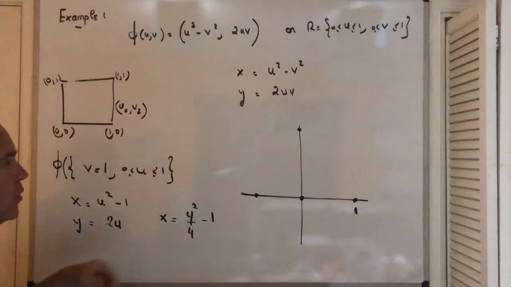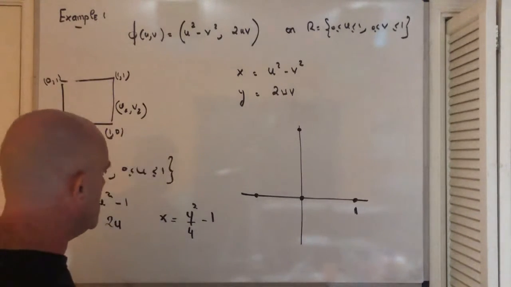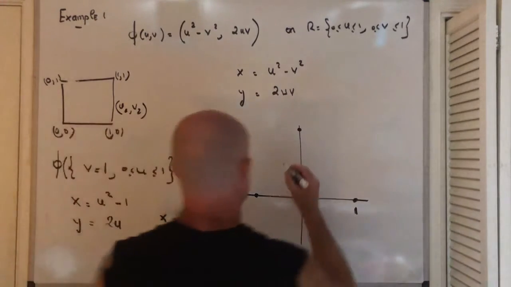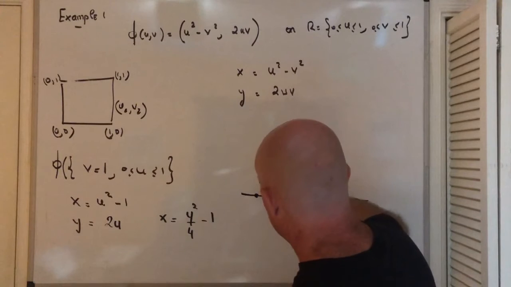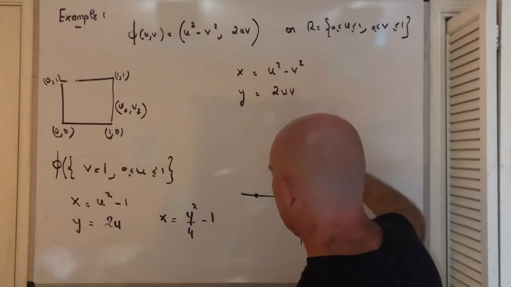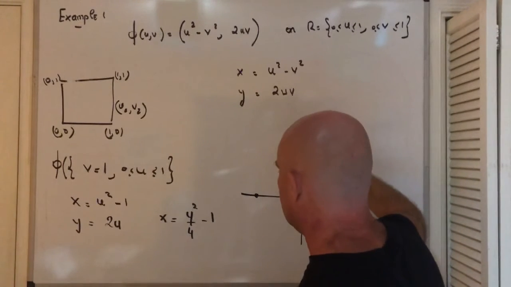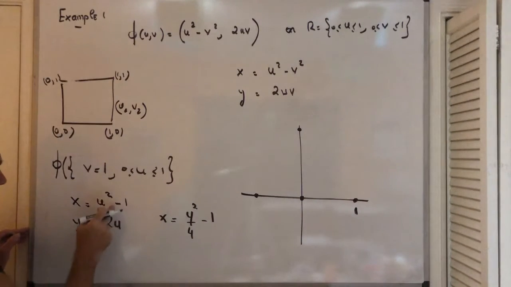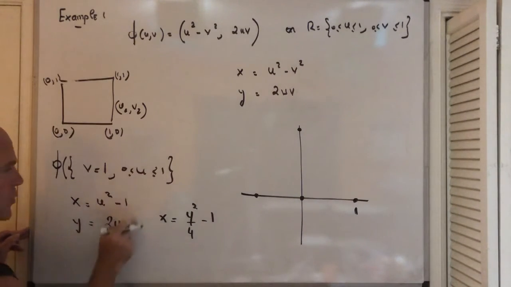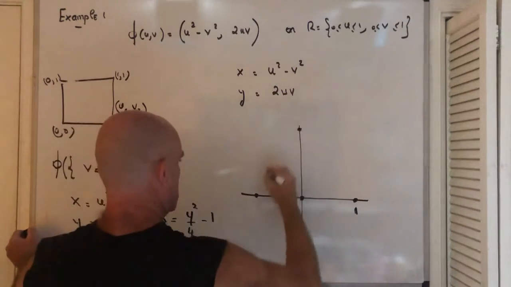So how to draw a graph like this? How does it look like? It will suddenly hit this axis here. So when does it hit this axis? When is x equals 0? When u is equal to 1 here.